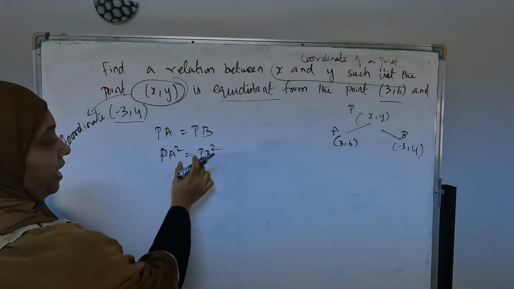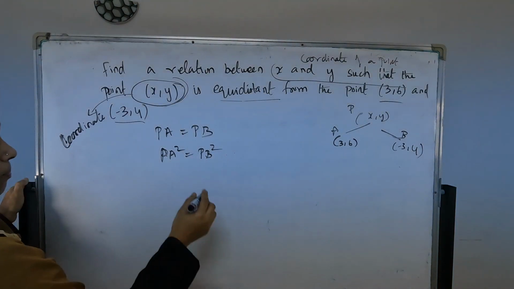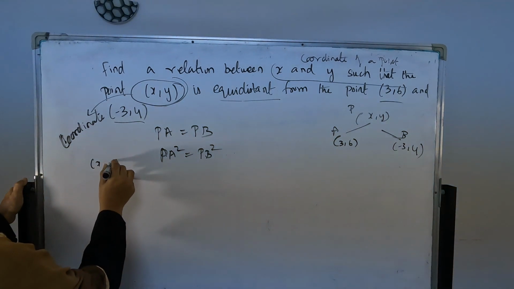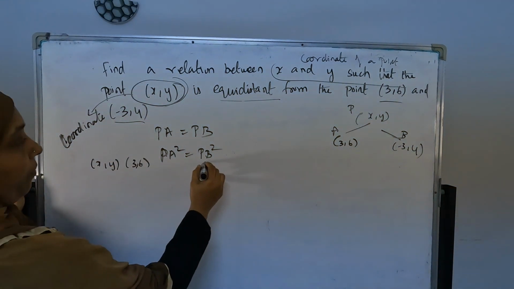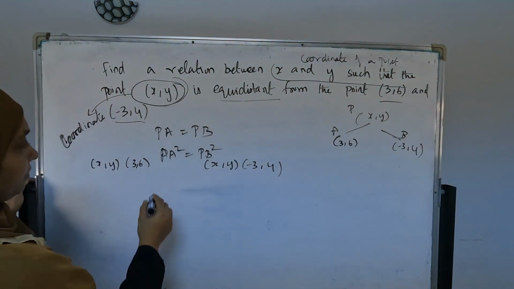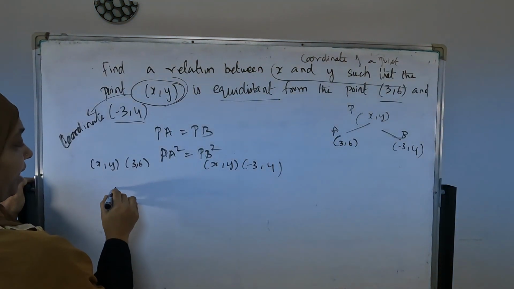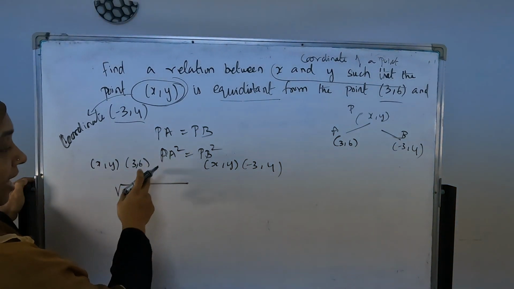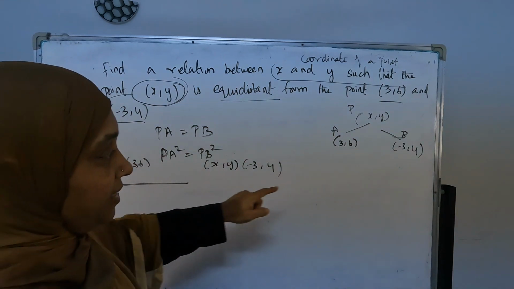So this distance and this distance should be equal. So PA, first PA points we will write. PA points are x comma y and 3 comma 6. And PB points here you write separately, x comma y and minus 3 comma 4. Now you write the PA formula. PA is the distance formula. PA is this length.